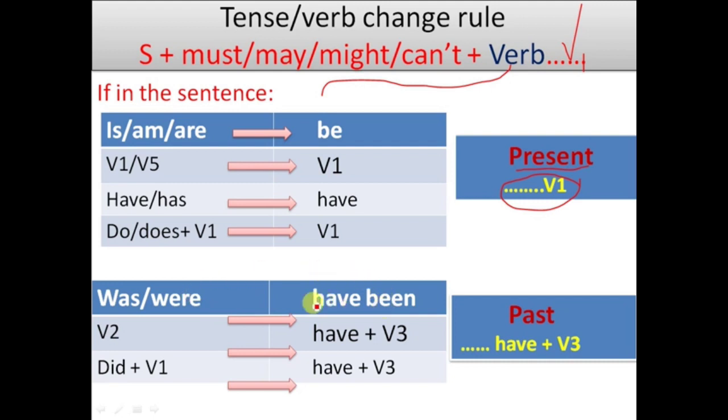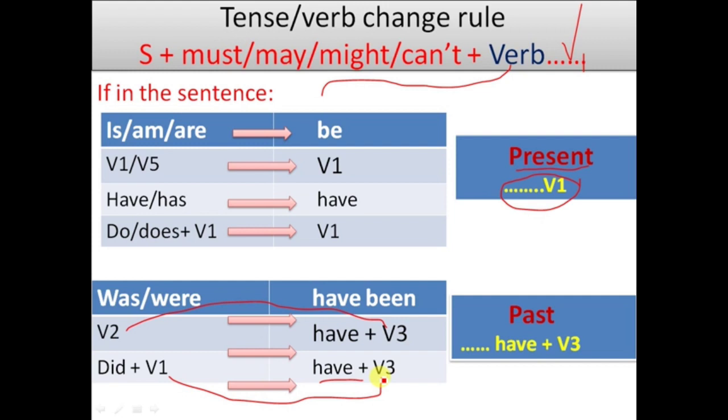So have been, was, were into have been. V2 means past. If it is past, we have to use have plus V3. Therefore use have and change this V2 into V3. Similarly, if there is did plus V1, it means past. Therefore we have to use have plus V3. Use have and change this V1 in its V3 form.